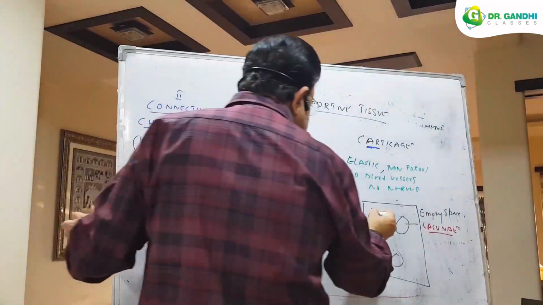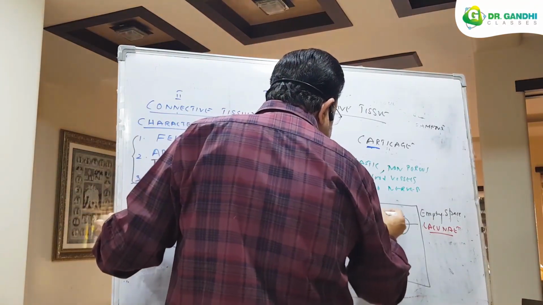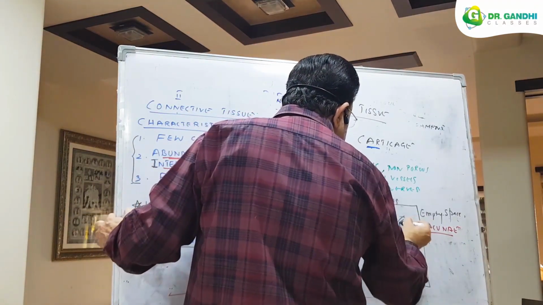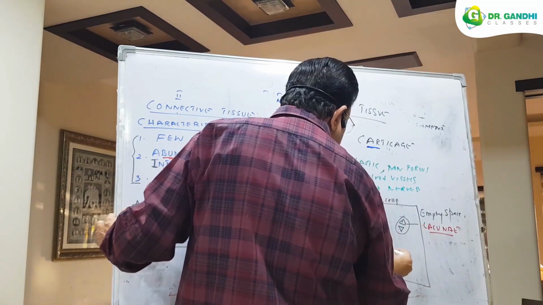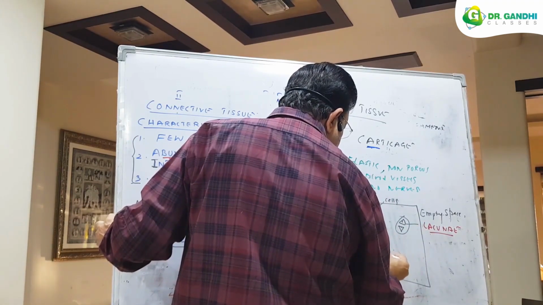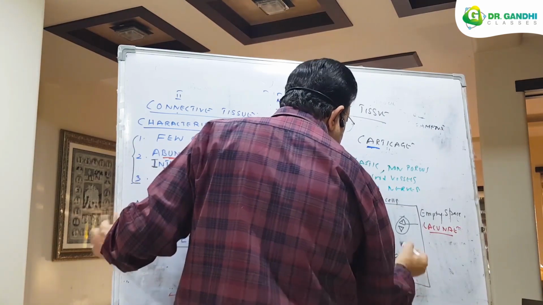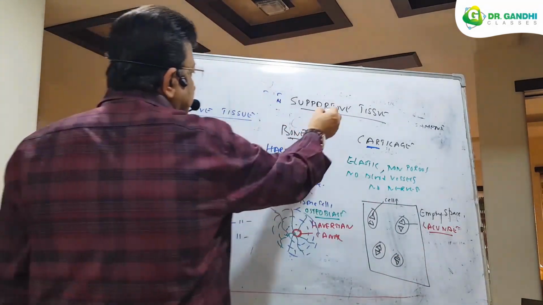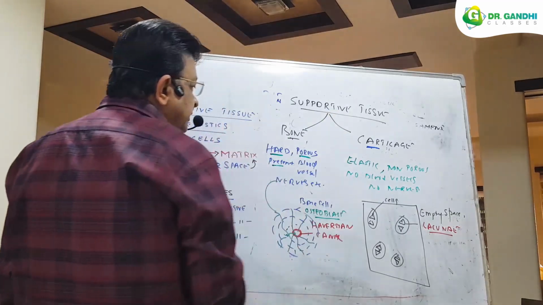Inside you have the cartilage cells. So you can see these are the cells. So this then is the microscopic structure of the cartilage. So we studied two supportive tissues, bone and cartilage.